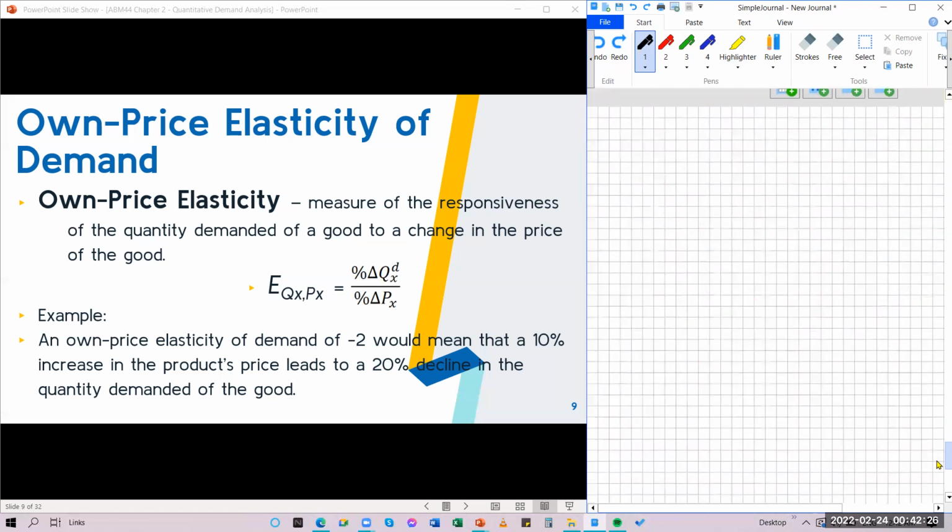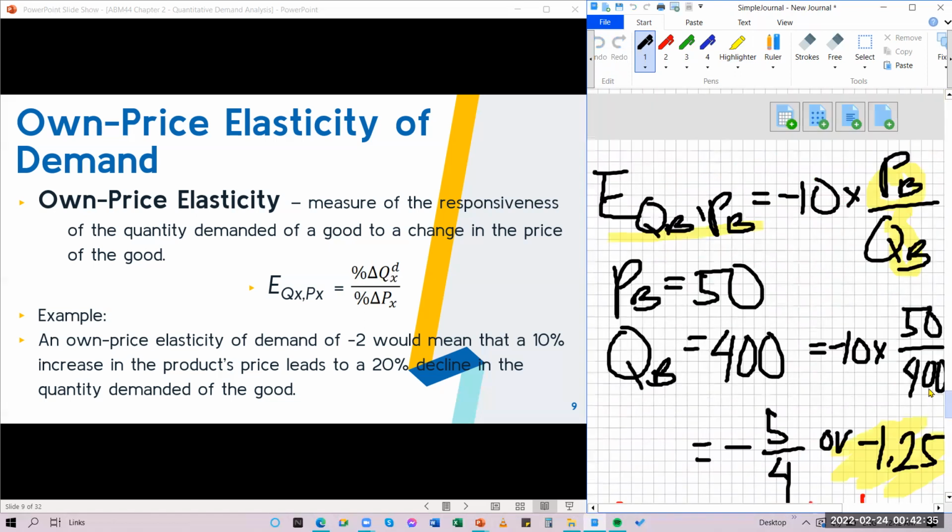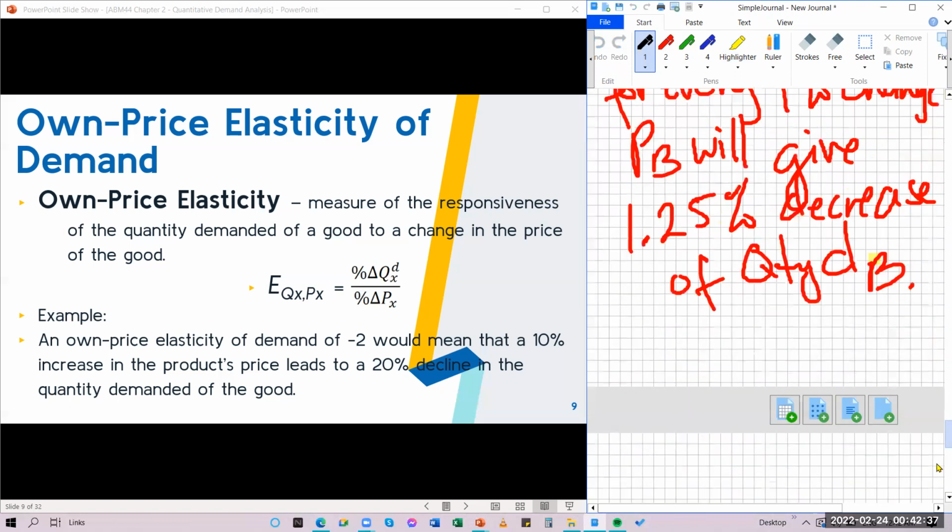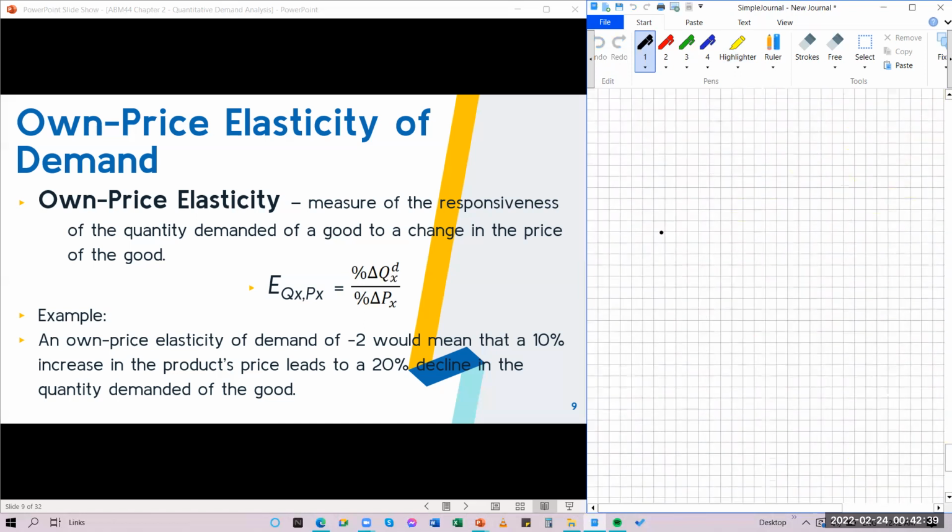So we'll have this example. What if mas simple ang atong equation? Let's have quantity demanded of shoes.